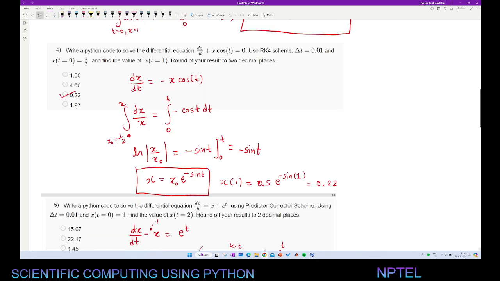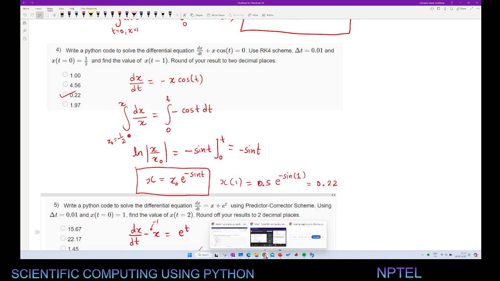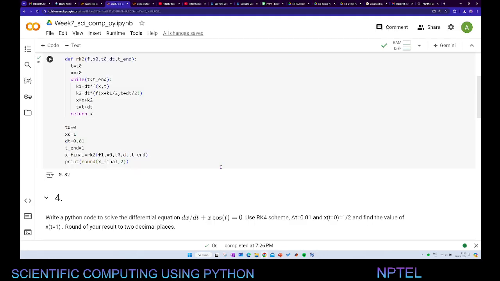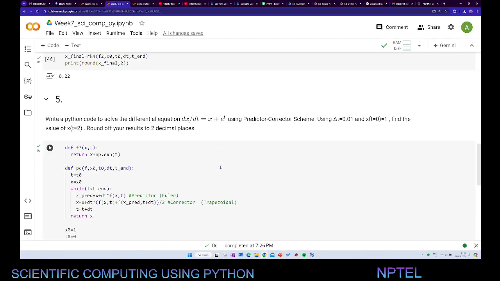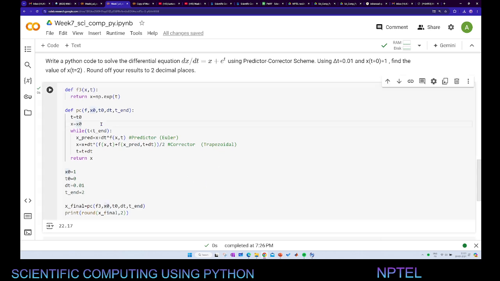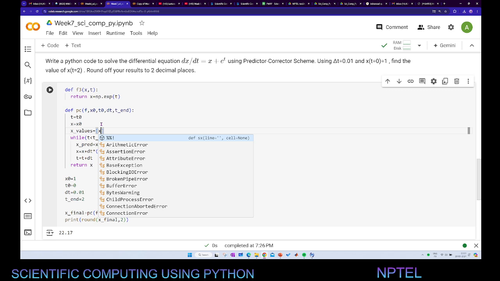So let's just, to end it, plot one of the cases. Let's do it in the last case. To plot it, I need to store all the x's. So I say x values. This is what we had done last time too, right?